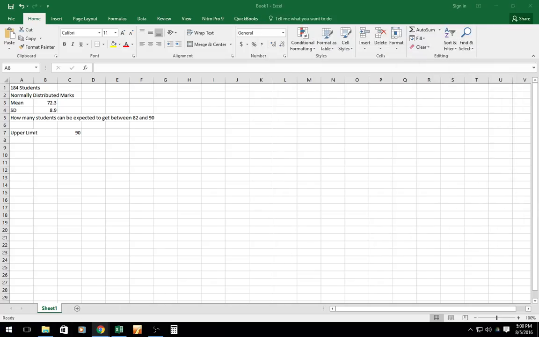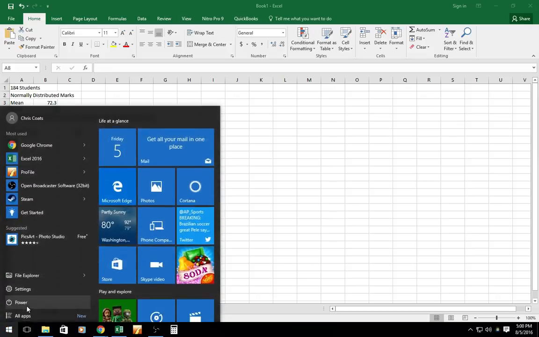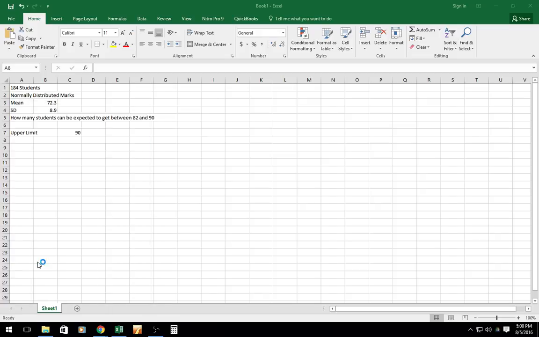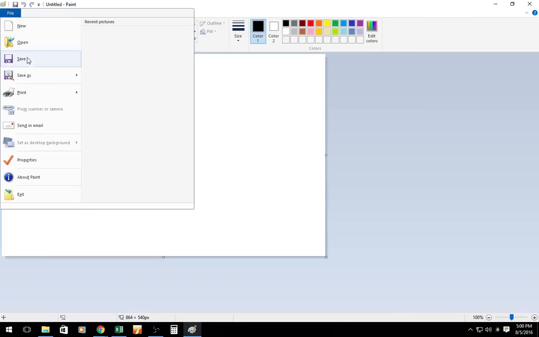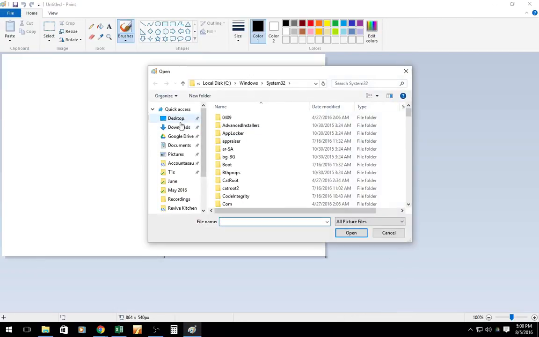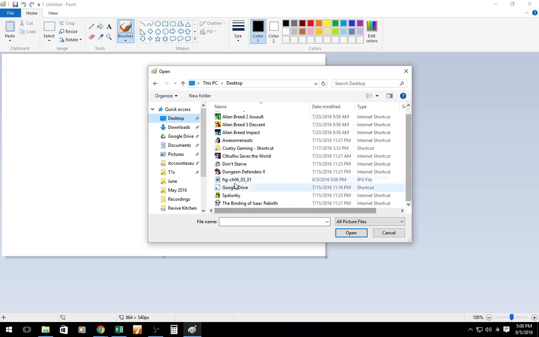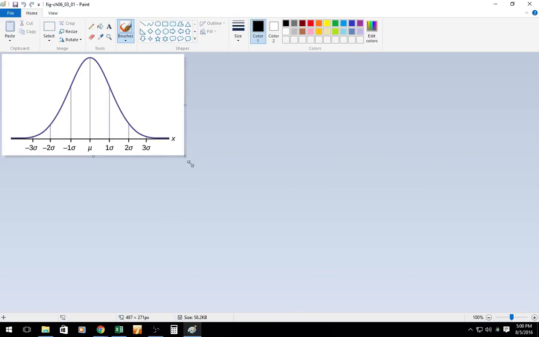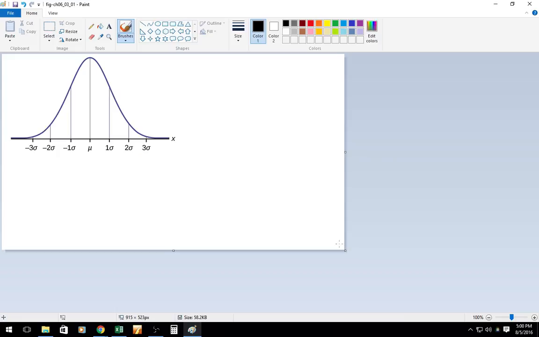I'm actually going to save this and open it in Paint. We'll save that to the desktop. Open up some Paint. We will open from the desktop. There we go. That doesn't actually increase it, does it? No. So we are going to turn 90 into a Z score, and that will be our upper limit.